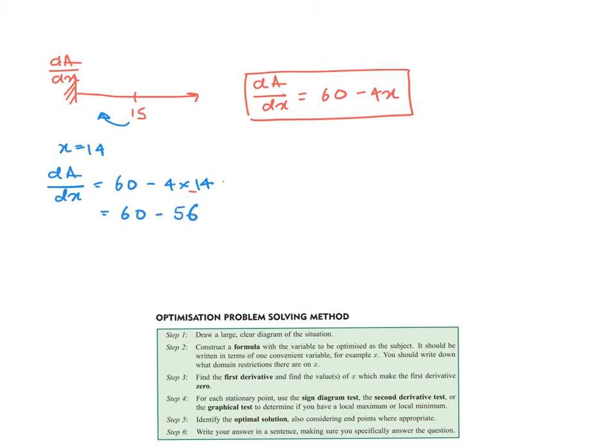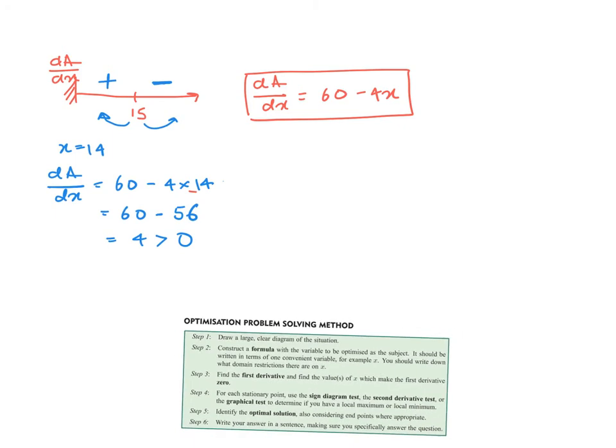You can check if that one is correct, and it's equal to 4, and 4 is bigger than 0, which means it is positive. So it is positive here. Now we do know that if we have linear factors, the signs are going to alternate. What does it mean? It means we're going to have negative here, but let's make sure that we actually have the correct sign. So we're going to choose a number that's bigger than 15.